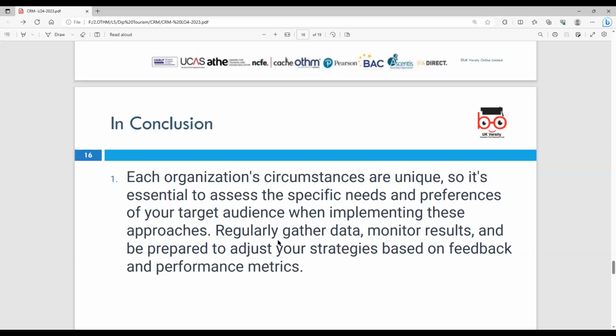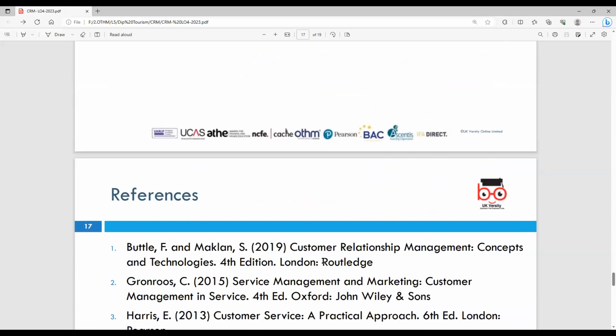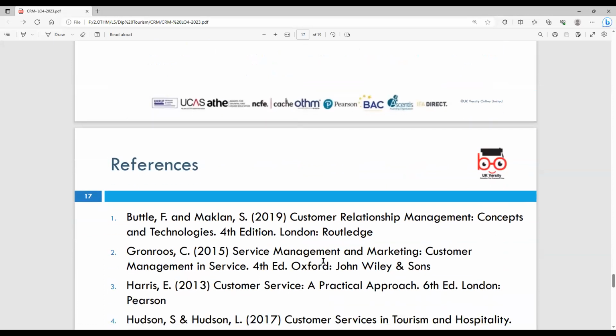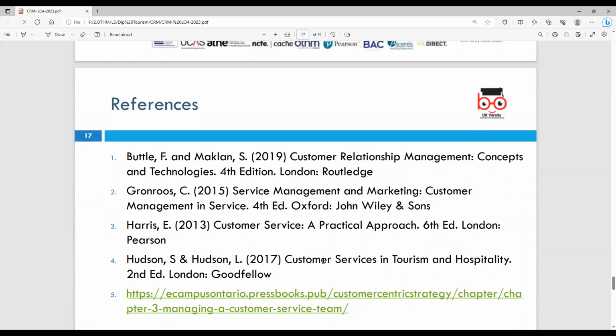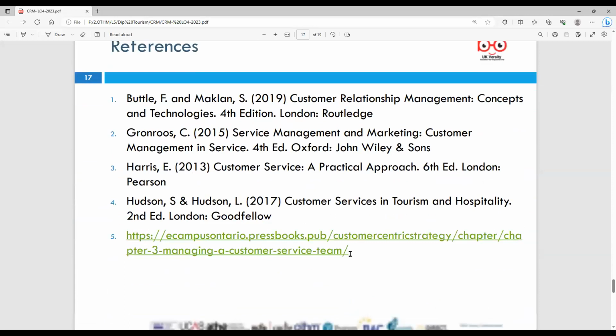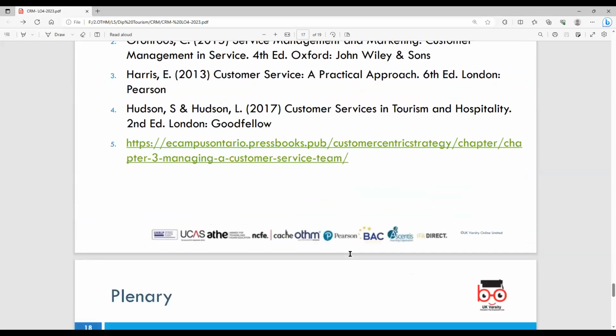So make sure that you are collecting their data, checking the results, monitoring, giving them feedback, and looking at your own regular performance, and improving your own performance through training, updating materials, looking through the policies, procedures, and so on. Making sure that you are knowledgeable enough to solve the issue.